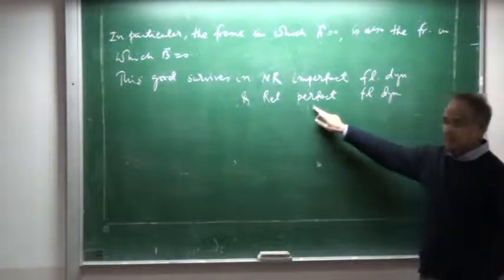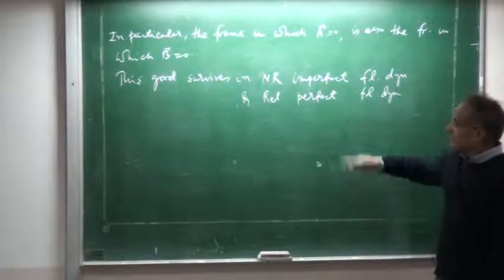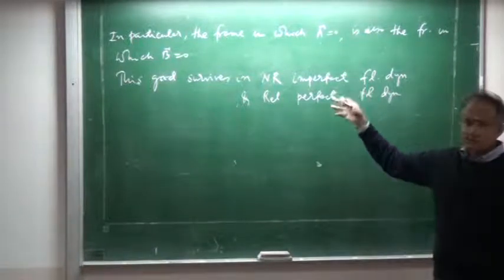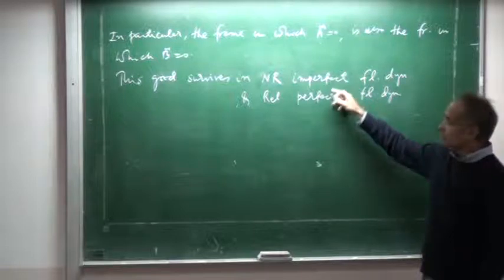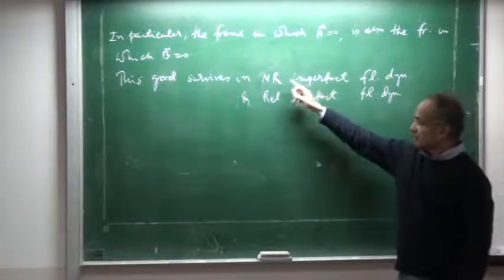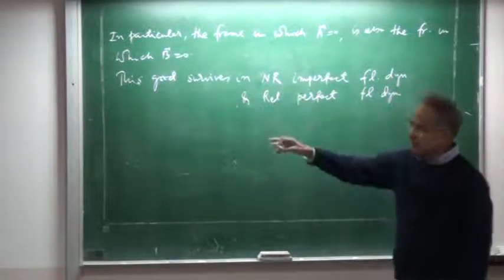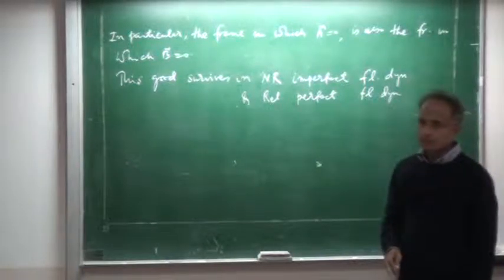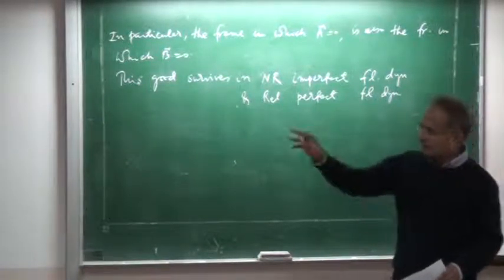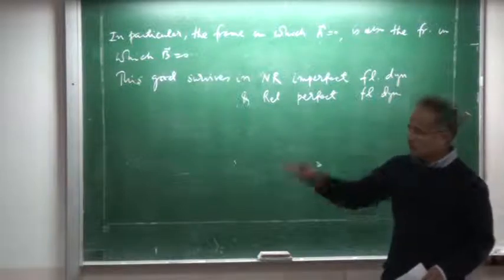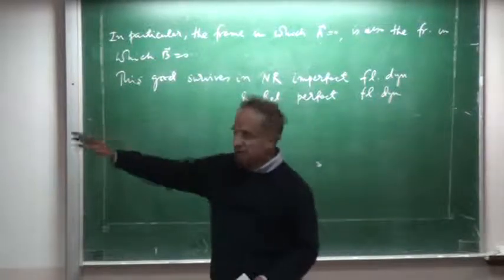I'm going to show the second part of this statement. The first one you can look up in the books. Even if you go to dissipative or imperfect non-relativistic fluid dynamics, these vectors remain parallel to each other. Or they are proportional, not all, but the first and the second, first and the third.